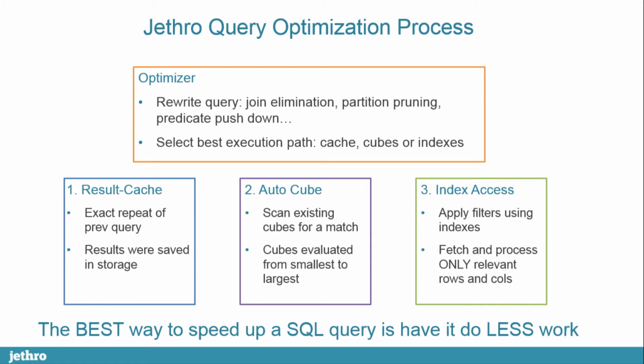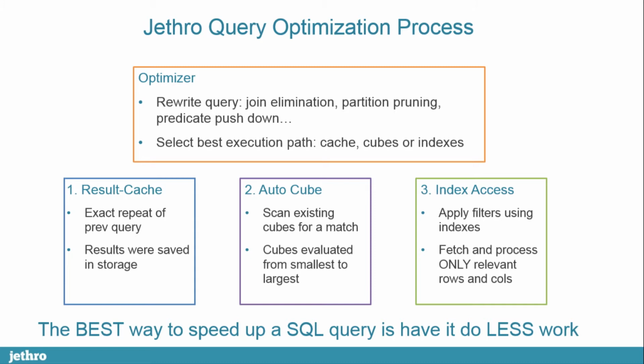So a few words about the Jethro optimizer. Very briefly, first of all, we have a very sophisticated optimizer that takes queries and rewrites them and rearranges them. The purpose of this optimizer is to end up basically in one of 3 places. Place number 1, which I didn't mention so far, is result caching. If you have a query, we can cache the results.